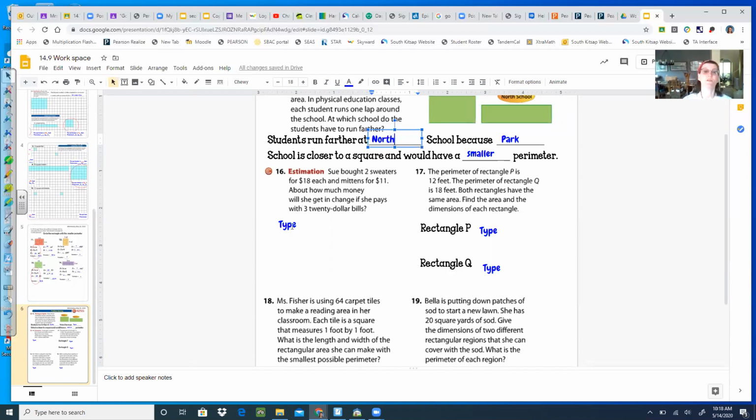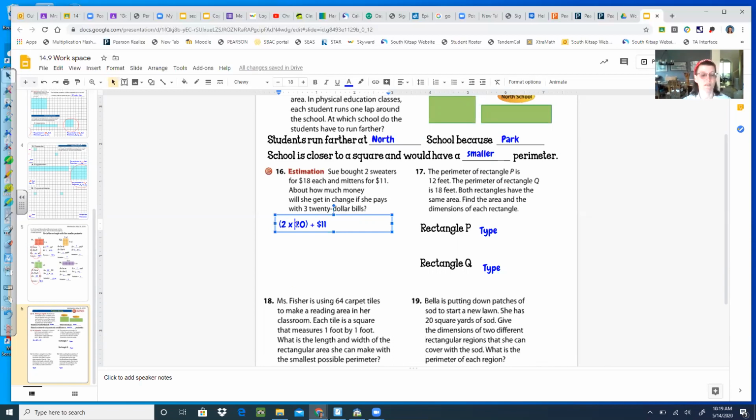So 2 sweaters. So 2 times 18 is almost 20. And mittens for 11. Okay, well, I need to add in the mittens, and that's $11. I suppose I should have had my dollar sign.